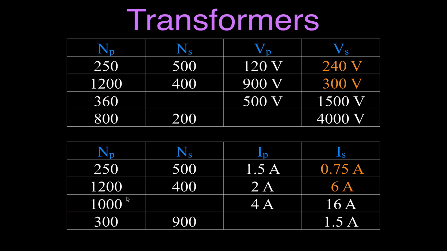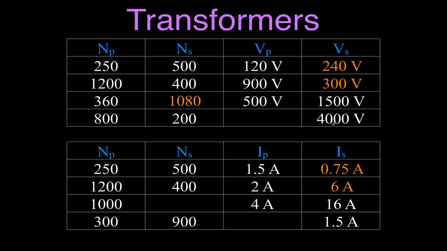Now the next two in each case are not really related to each other directly like that, but here you can see on this one we have 3 times as many windings on the secondary, and that means 3 times as much voltage on the secondary, and that means the number of windings should be 3 times more or 3 times less. I think it's going to be 3 times more. Now for this one, we have a quarter of the number of windings.